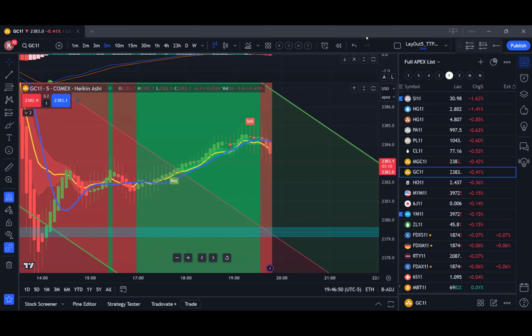Gold, do you think we can go short? Let me enable the chart. I think gold is also looking good.